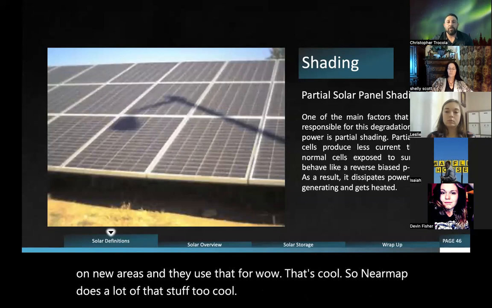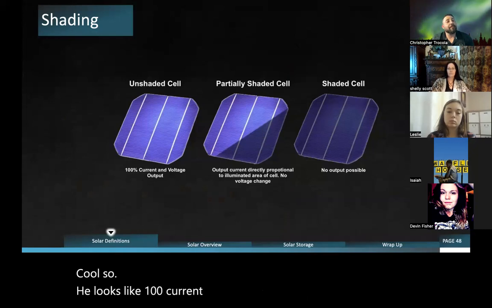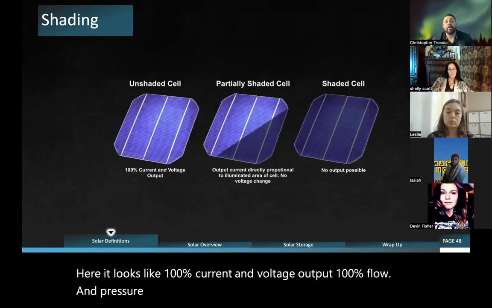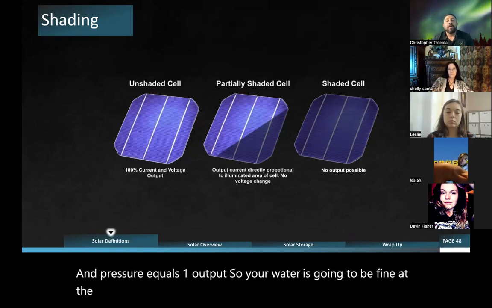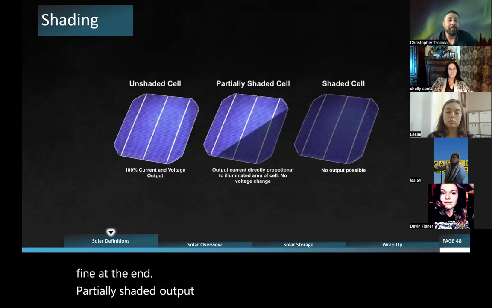Cool. So here's what it looks like. 100% current and voltage output, 100% flow and pressure equals 100% output. So your wattage is going to be fine at the end. Partially shaded: output current is directly proportionate to the illuminated area of the cell, no voltage change.